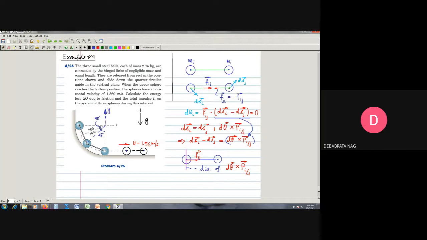This result was not obvious from our original discussion, but we can make it a part of it and give it a name: the internal force work function in a rigid system. In this case, this result is going to be equal to 0.